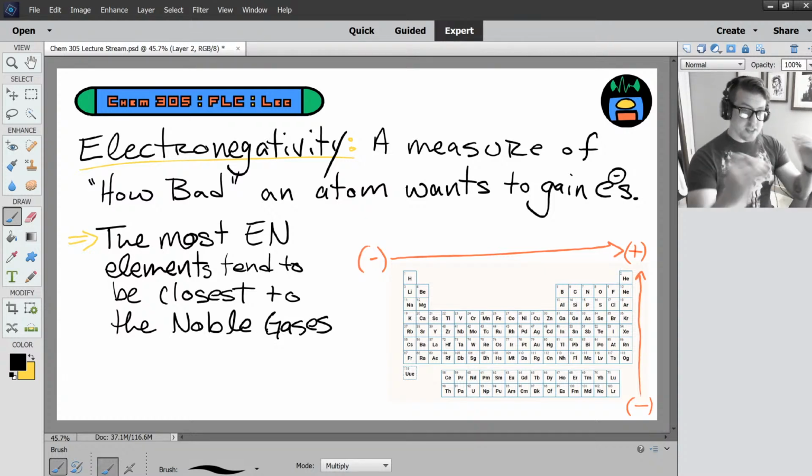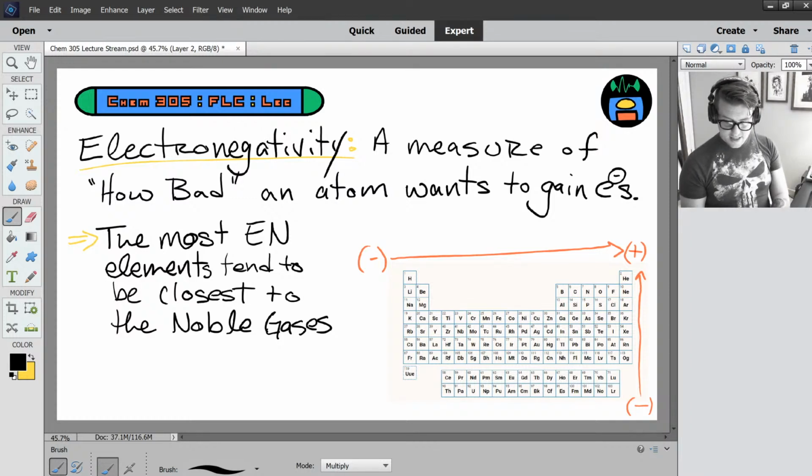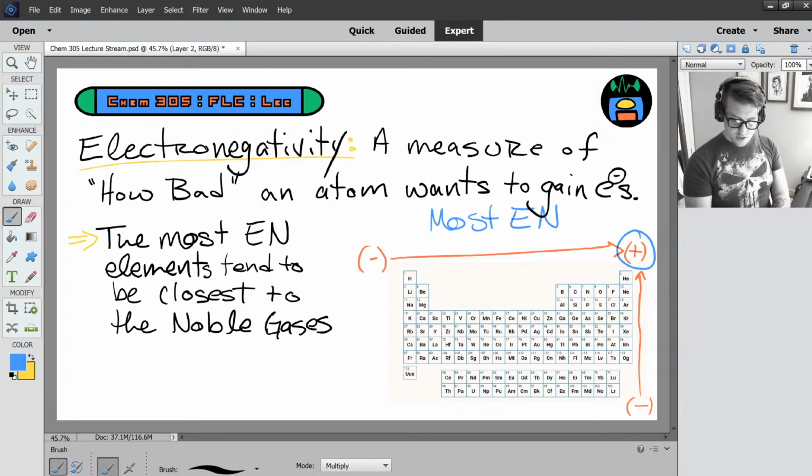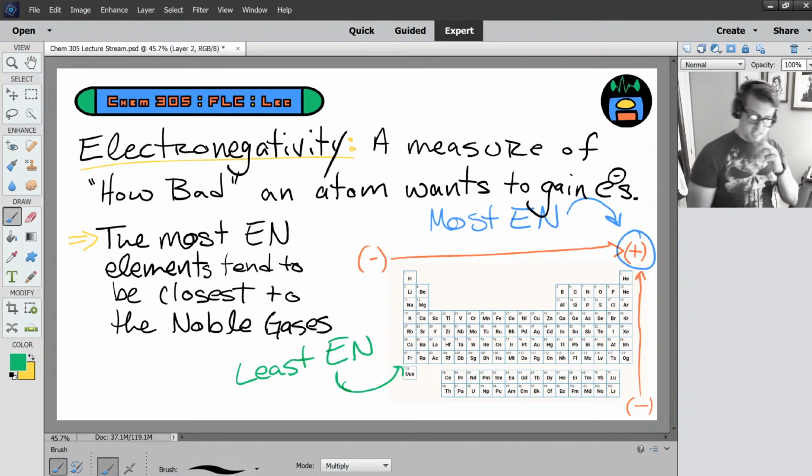So the closer they are to attaining that, the harder they're going to want them. So we see the most electronegative up in this corner. The least are going to be down in this corner. The most are up and to the right. The least are left and to the bottom.